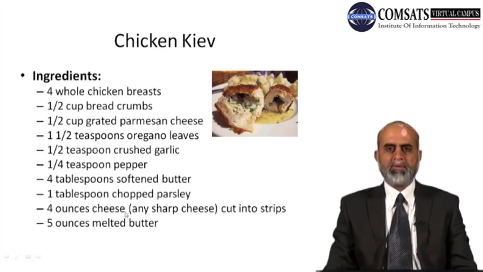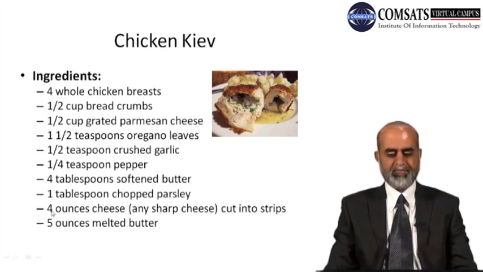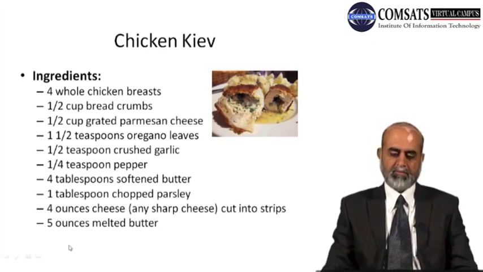So 4 ounces of cheese, if it is grated cheese, then probably it would be like 1 cup of cheese. But if it is cut into strips, 1 ounce is just like 1 slice of cheese, the usual size that we have. And then we have 5 ounces melted butter. Melted butter. That's right.